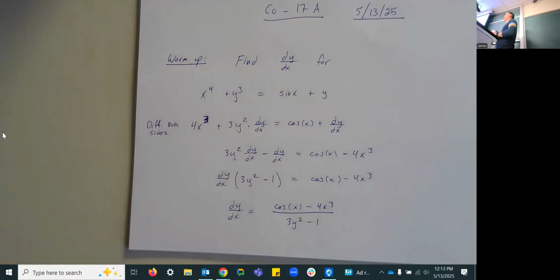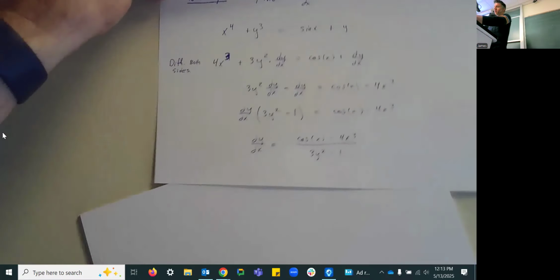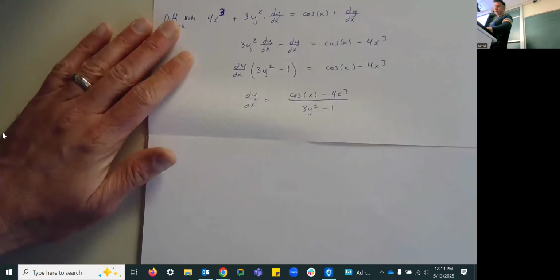This is a pretty standard procedure for finding a derivative implicitly. That said, there's a couple twists we like to throw in. So here's one twist or change up.